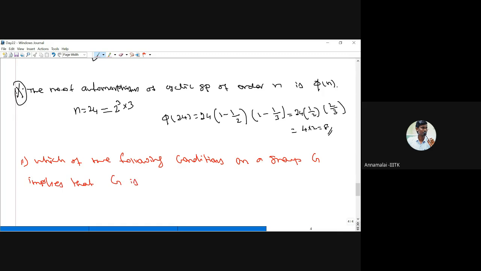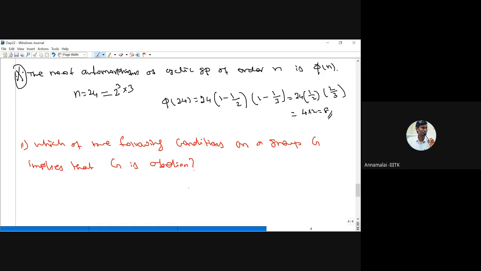So for what condition on G does G become an abelian group? Okay, that is the question.